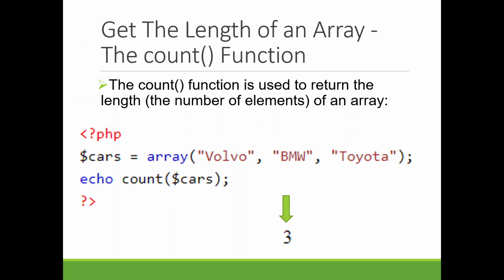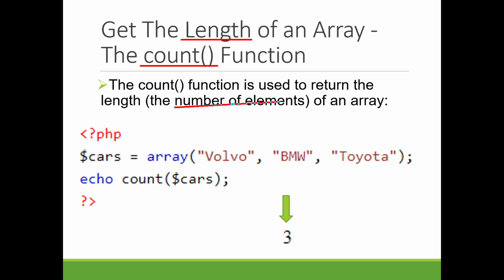Okay, so we can play with arrays in a number of ways in order to achieve whatever we want. But some of the important things that you can do to an array is, for example, find out the length of the array. By length, we mean the size or the number of items that are in the array. So for that, we use an inbuilt PHP function called count.